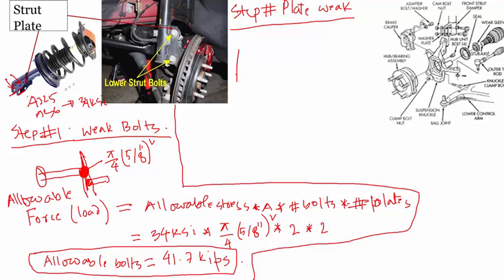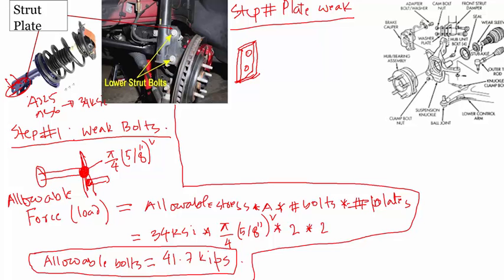It looks something like this. I'm just drawing one of the plates right here, maybe the top plate, and I have 2 holes here. I'm trying to calculate how much allowable load we can have for this plate.